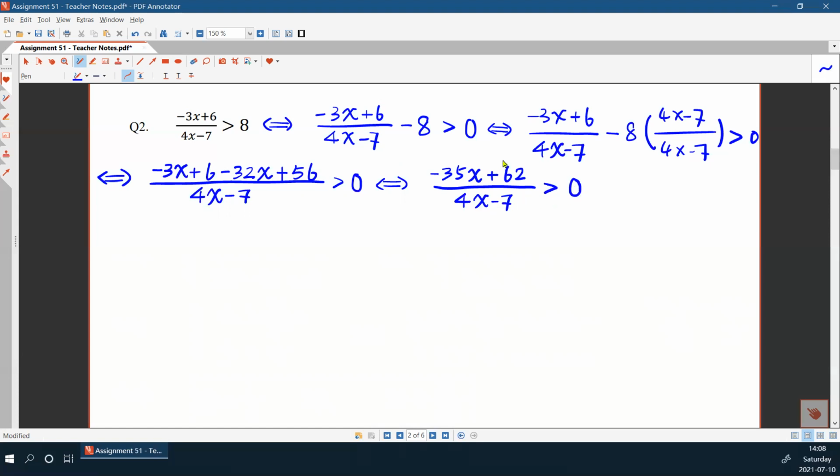And again, we come to a point that the ratio between two numbers is a positive number. So that means this is equivalent to either two numbers are positive at the same time, or the two numbers are negative at the same time, right?